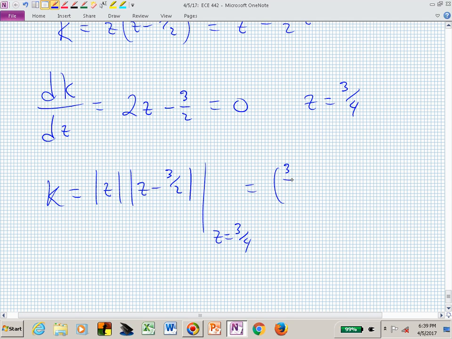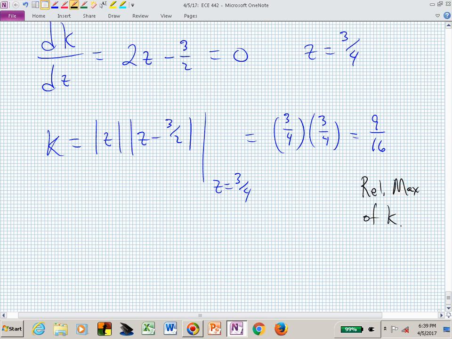Now I know that 3/4 times 3/4, or 9/16, will be the gain k to get me to that sweet spot where I have a relative maximum. This is now going to be the relative maximum of k when I'm on the real line.